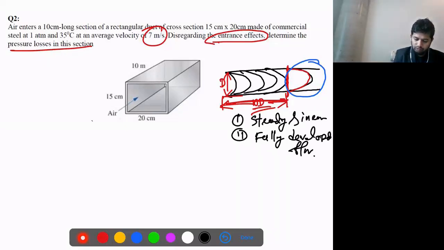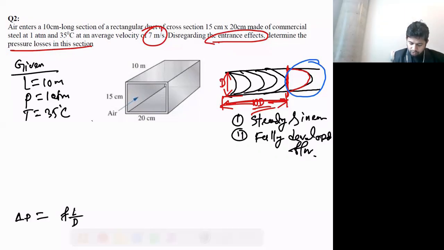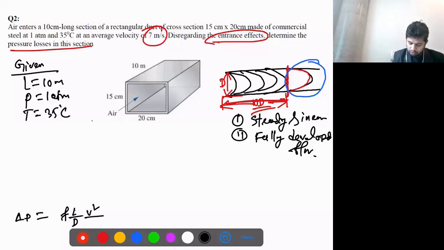So the given information here: the length is 10 meters, the pressure is 1 atmosphere, and the temperature is 35 degrees centigrade. The question is, we need to calculate the pressure loss. The pressure loss means delta P, and it is equal to f L over D times rho V square over 2.